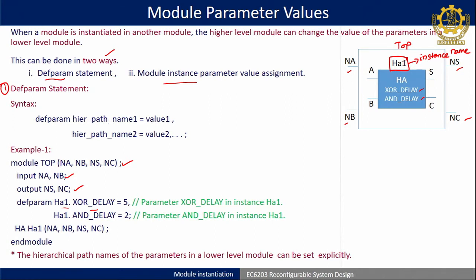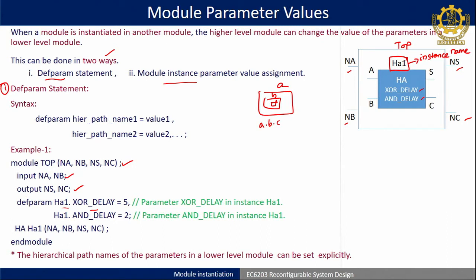Mostly, hierarchy in Linux terminology is described by using dot. Like if a submodule is B and its submodule is C, you can have A dot B dot C. In Linux terminology they define it like this, so they have used the same concept here. So, HA1 dot XOR delay.